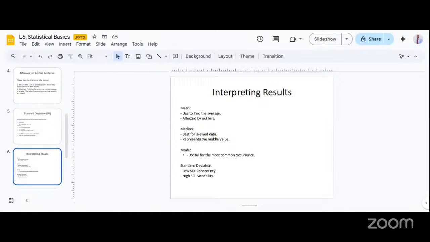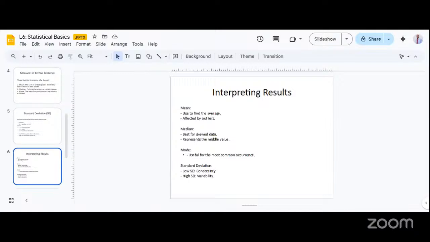So median would most times represent the middle value irrespective of the outlier. Because if you remember how median worked, we just had to arrange all the numbers in either ascending or descending order, so we just had to sort it, and then we collected the number at the middle.